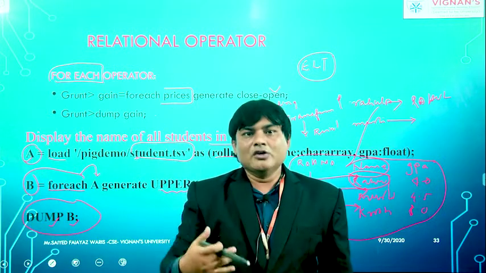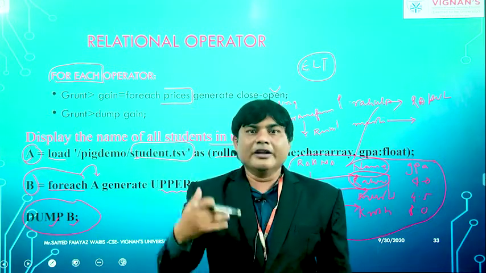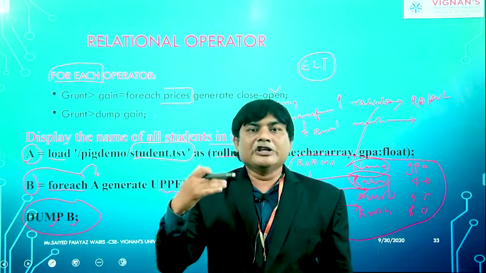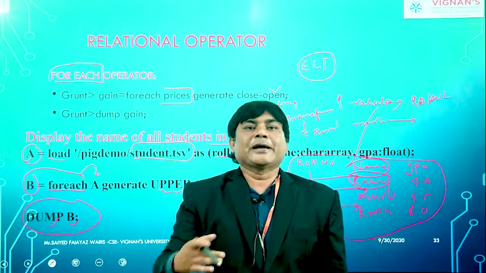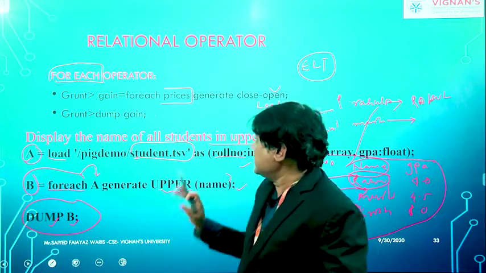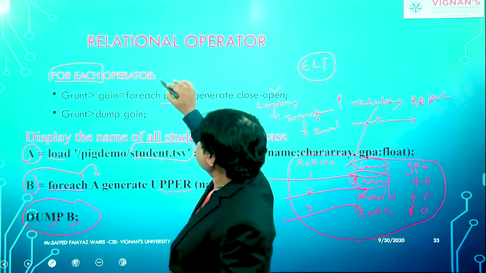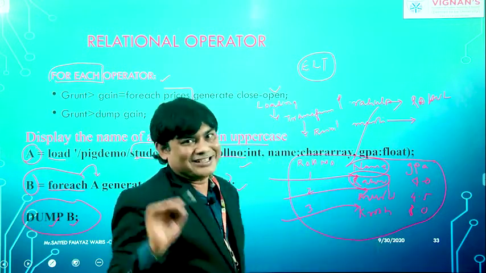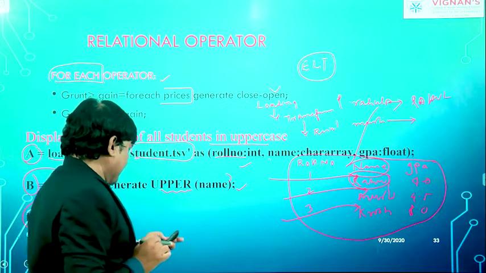All the names, the field, will be displayed in which letters? In capital letters. So this is the use of which operator? The FOREACH operator. I hope you understand the meaning of the FOREACH operator.